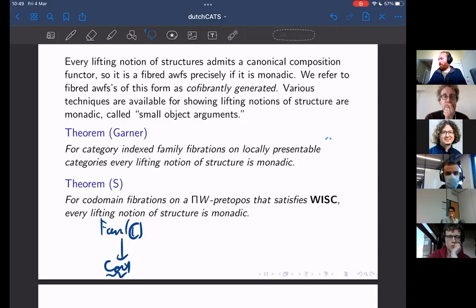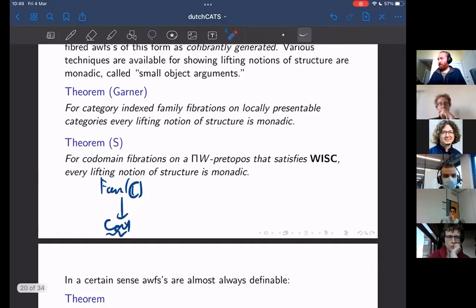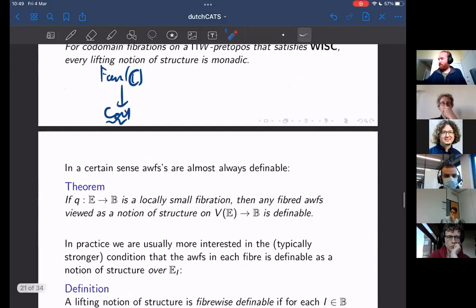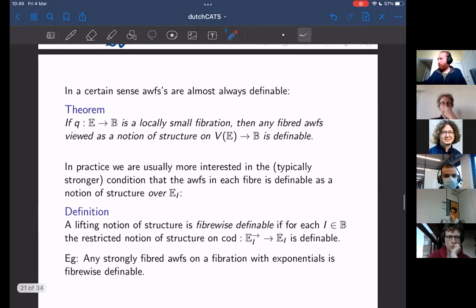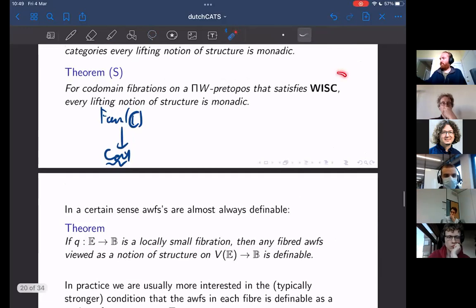I think of this theorem by Garner as being about category-indexed families, showing that certain lifting notions of structure are monadic if C has certain properties. There's also a version of this for codomain fibrations that I did. There are actually two of these, but I just put this one here as an example.